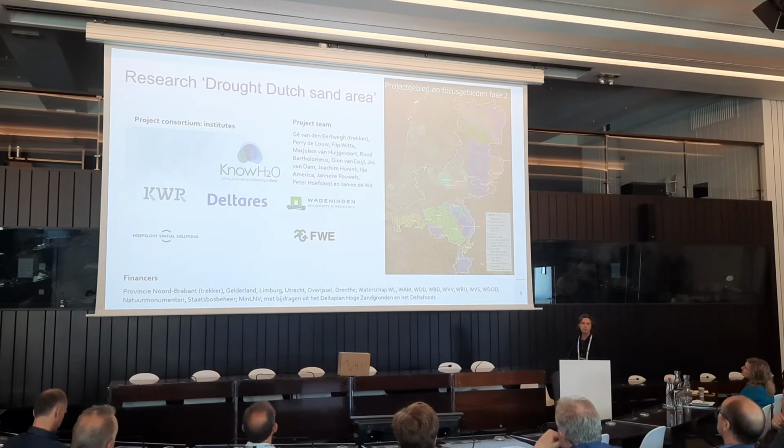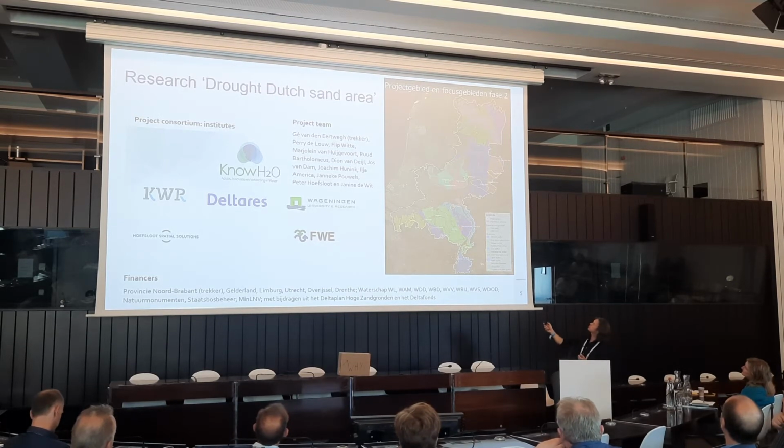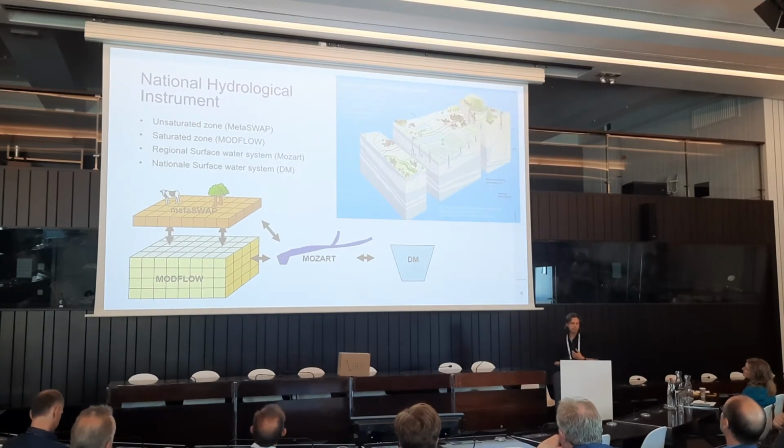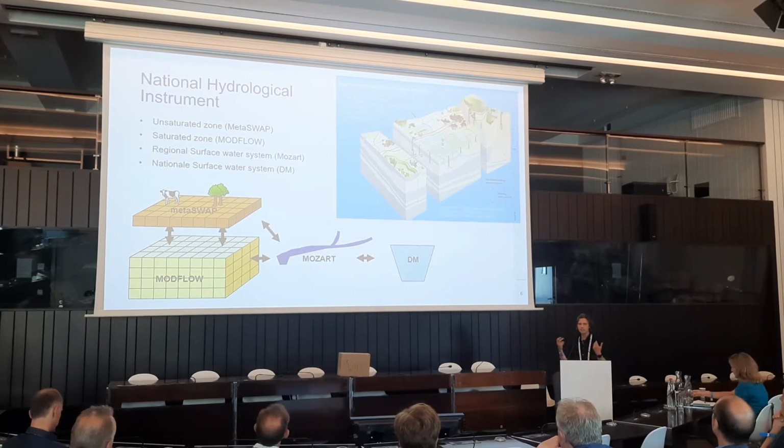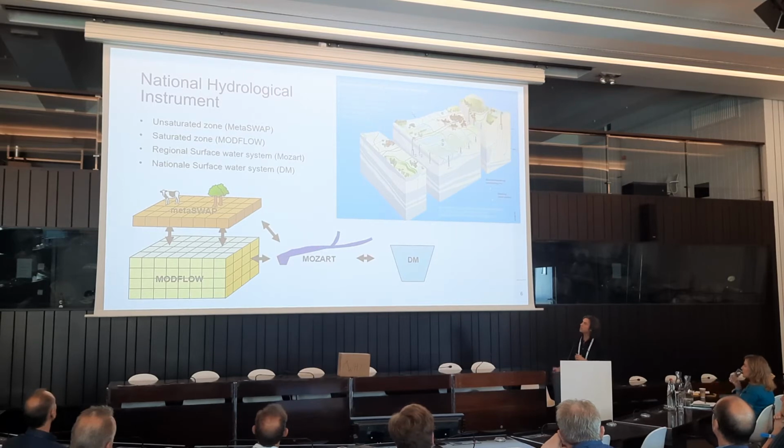Now we go to the sandy area, and the remainder of the presentation will be about this sand area. It's a large part of the Netherlands. For the results I show you, we used a model to calculate effects of this drought, our national hydrological instrument.